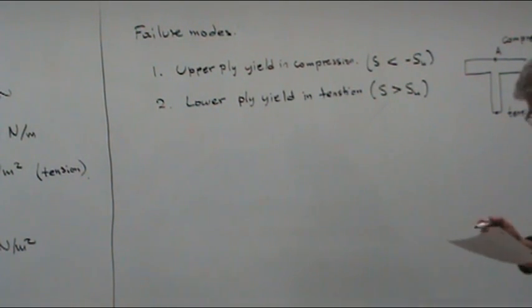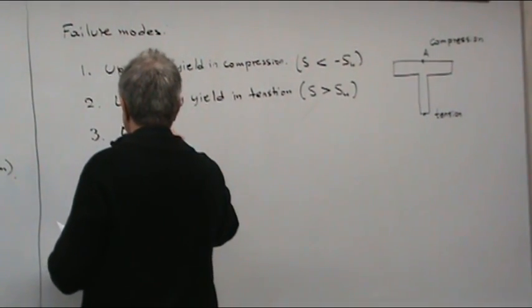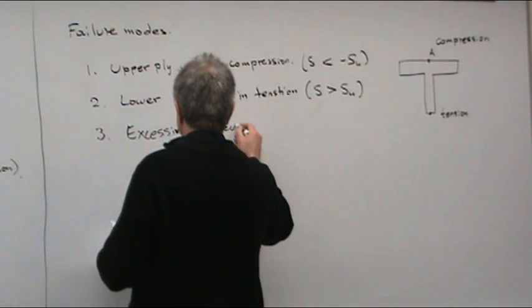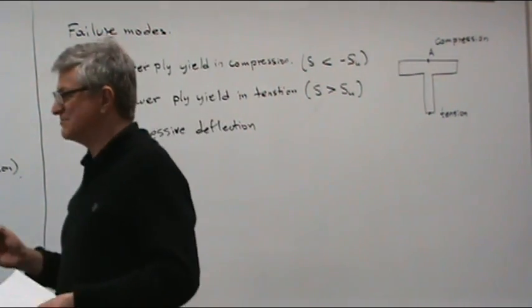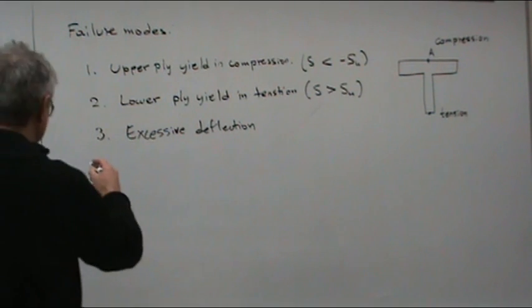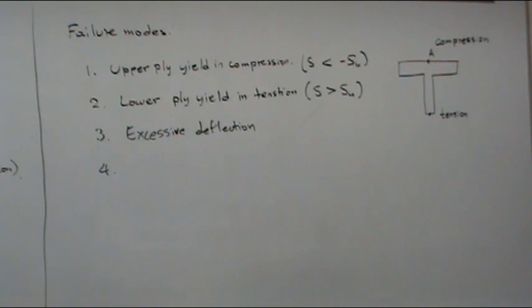There are more failure modes. One additional is excessive deflection. You don't want to have a beam that deflects too much, okay? And the last one, there's another mode. What is that mode? What is another way that structures can fail? Buckling, right.